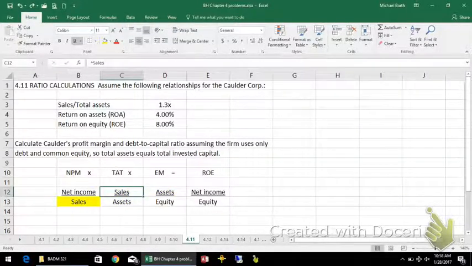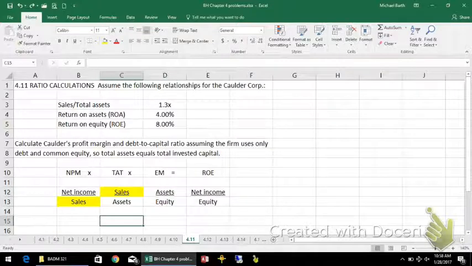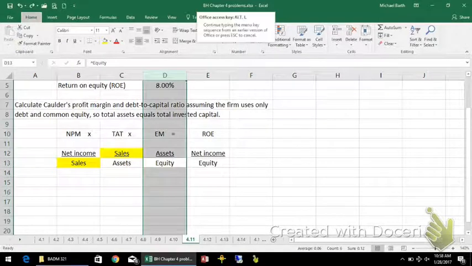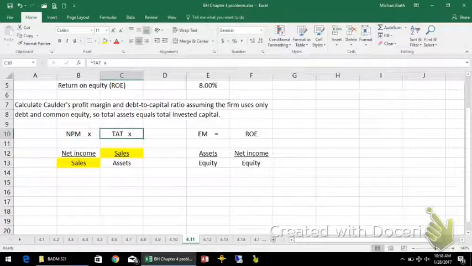All right, but our first step here, when you multiply net income over sales times sales over assets, what you have is return on assets. So the product of these two numbers is return on assets. Let me expand this a little bit.